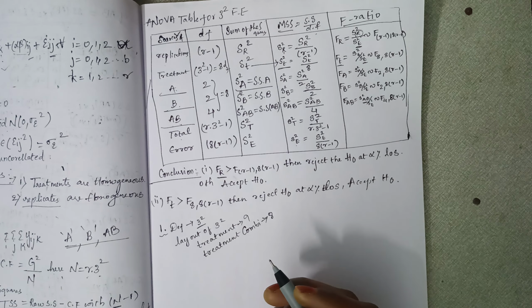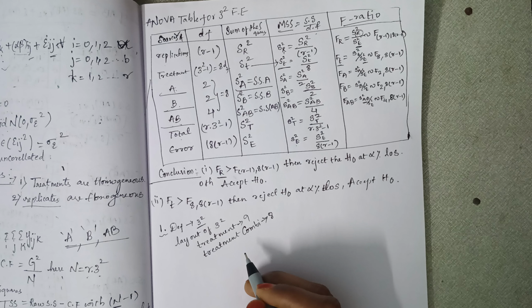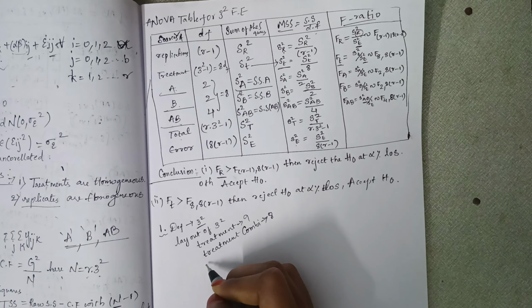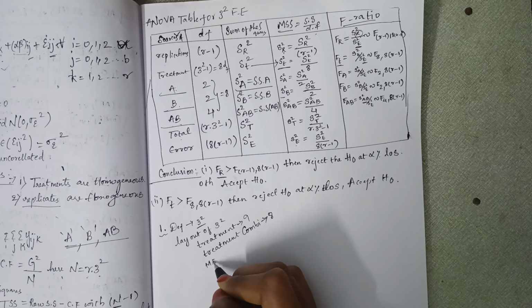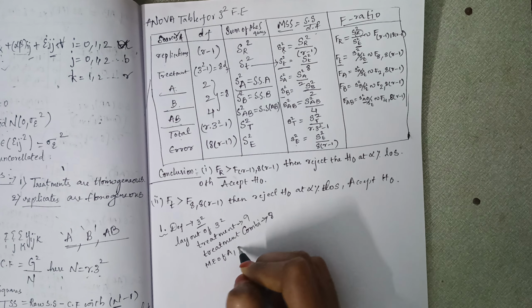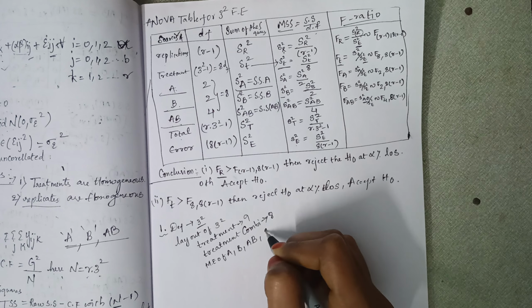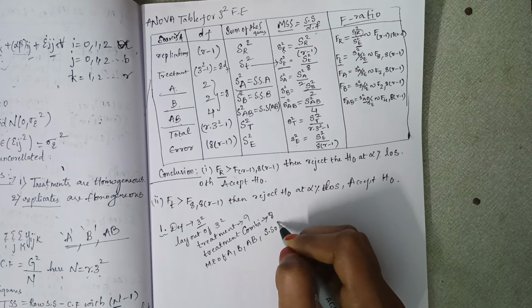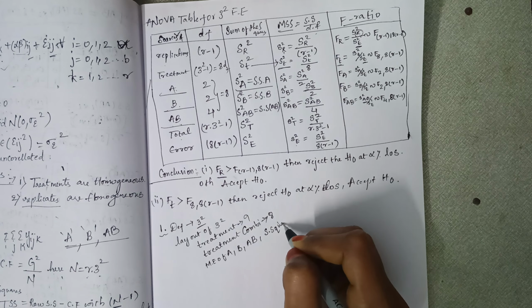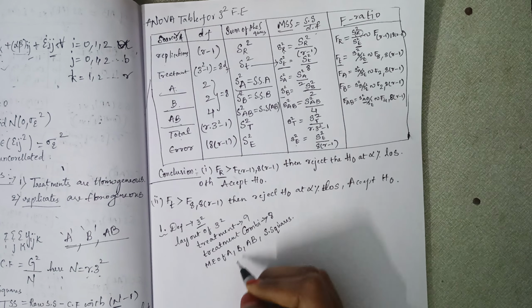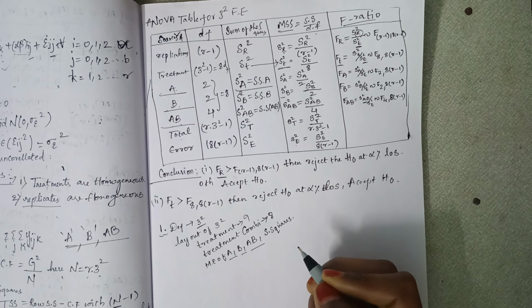Then after finding out the treatment combinations, we jumped into the main effects of A, B and AB, and we estimated the sum of the squares for A, B and AB.